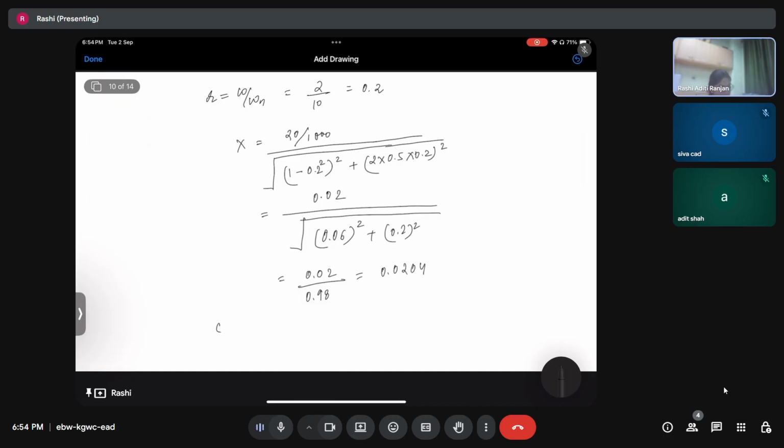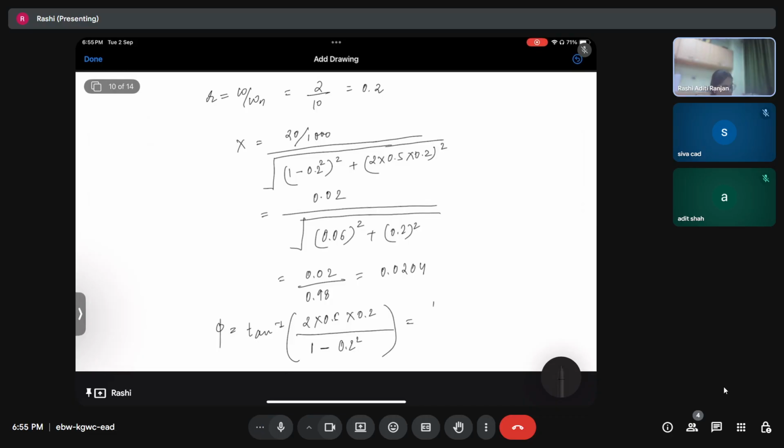Then for phi, we have tan inverse of 2 eta r divided by 1 minus r square, which is 0.2 square.